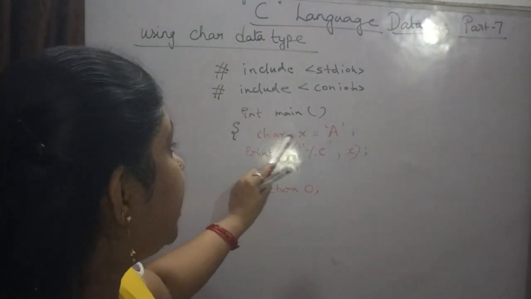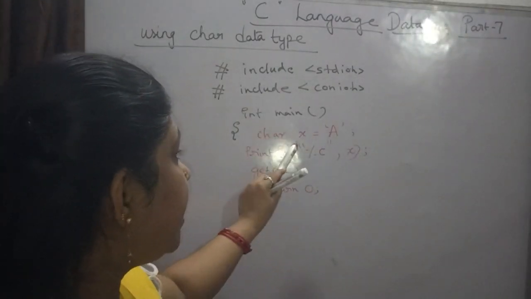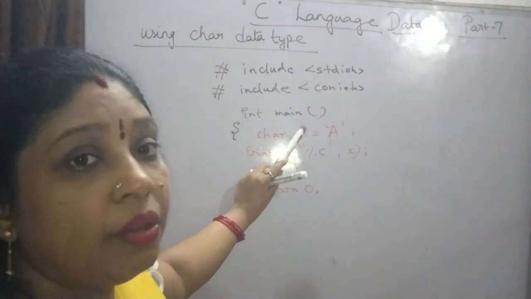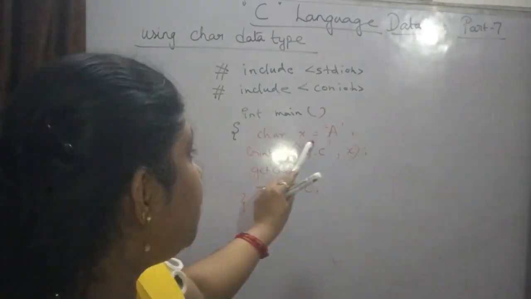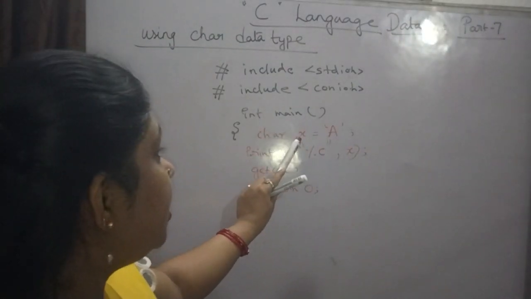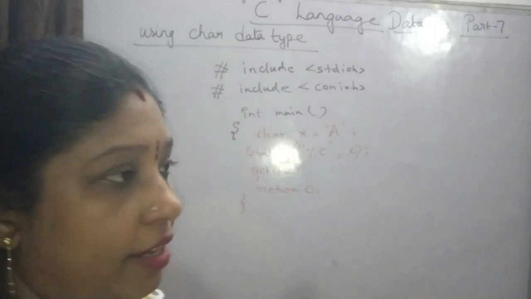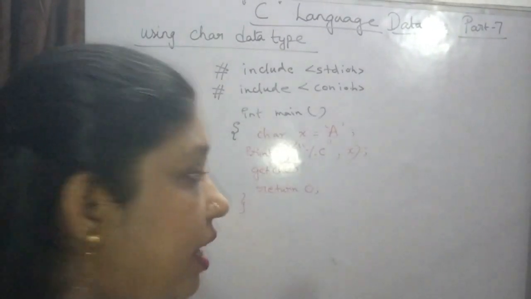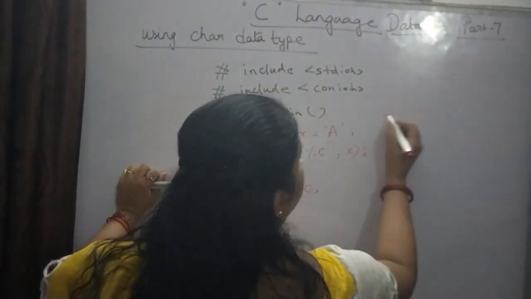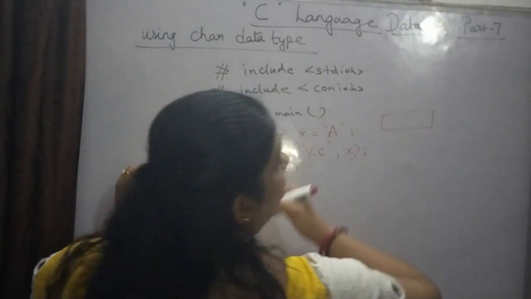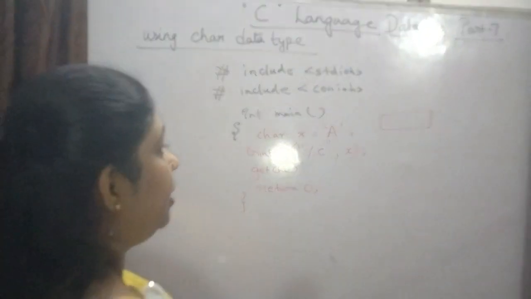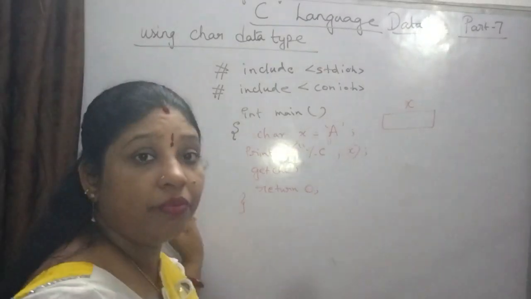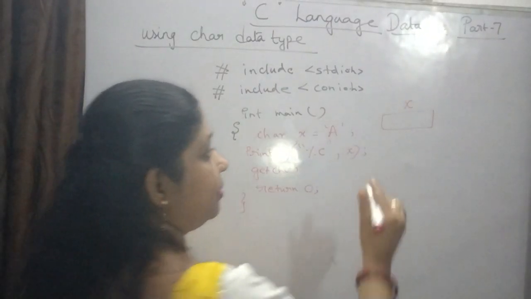Now when you have declared char x = 'A', the moment the compiler comes here and executes this statement, it checks that the x variable has been declared. The moment it sees that x variable has been declared with the character A, it takes 1 byte of memory in the system and it gives a name to it as x, because I have given the variable name as x.